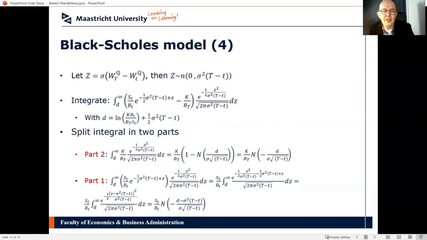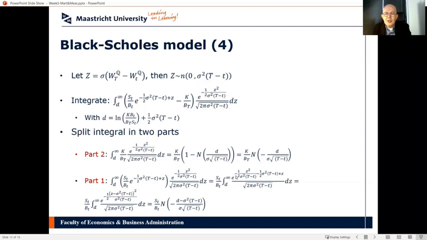And as I showed in the tutorial, I can split this integral into two parts. I can take the integral with respect to the constant K times this probability density function, and that becomes this constant K over B times the normal cumulative distribution function evaluated at minus D divided by sigma square root of (T minus t). The other part is a little bit more complicated. I have this Z sitting in the exponential, and I have a Z squared sitting in the exponential here.